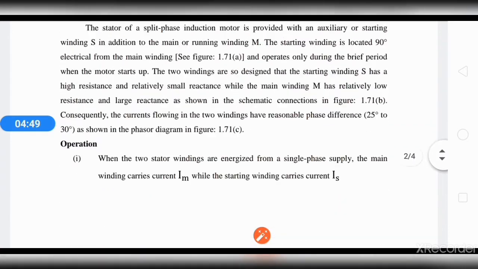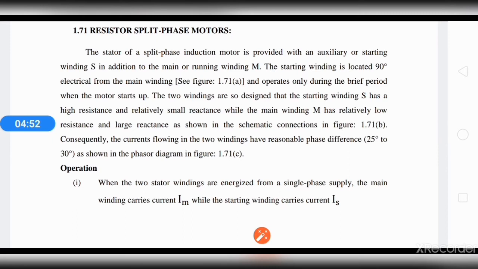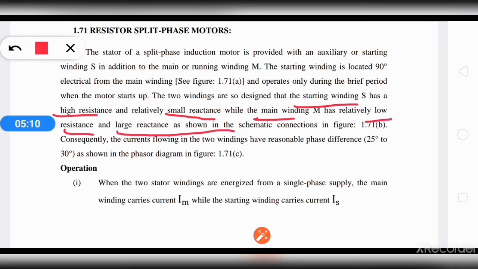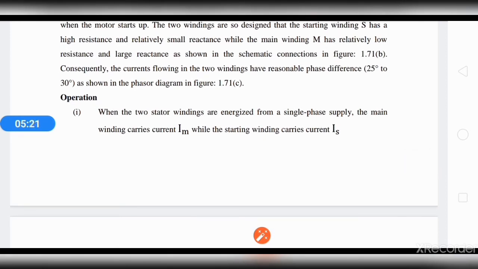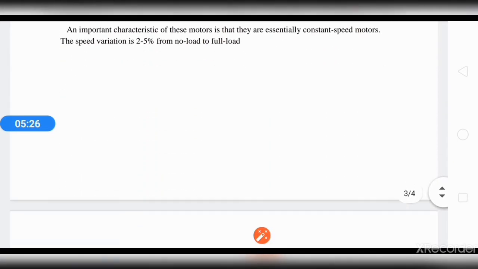Now this is how it works. The starting winding operates only during the brief period when the motor starts up. The two windings are designed so that the starting winding has high resistance and relatively small reactance, while the main winding has low resistance and large reactance. So what will this produce? We have currents flowing in the two windings with a reasonable phase difference of 25 to 30 degree, which can be seen from this diagram.